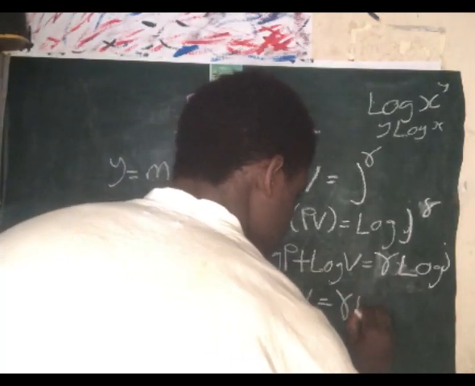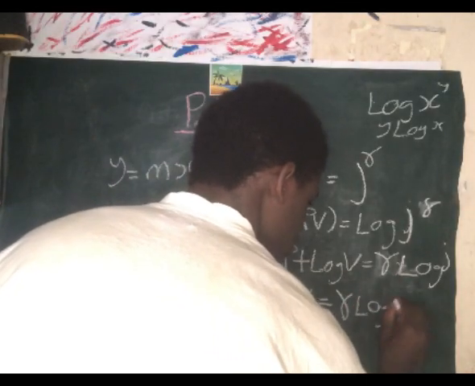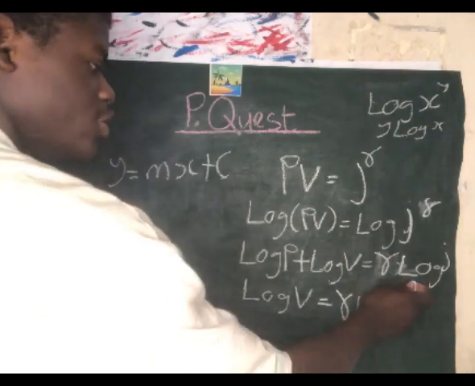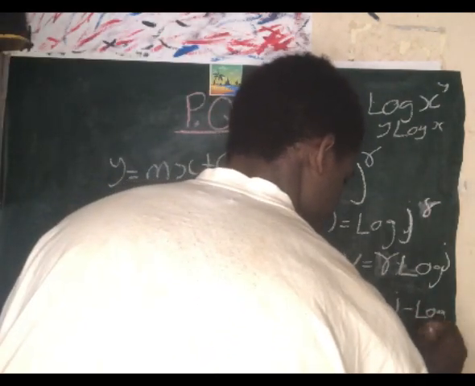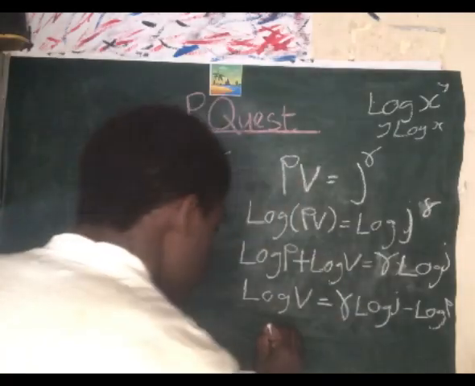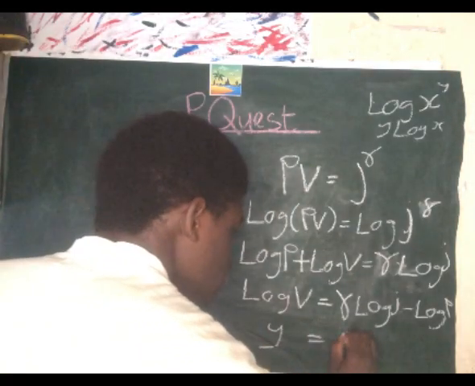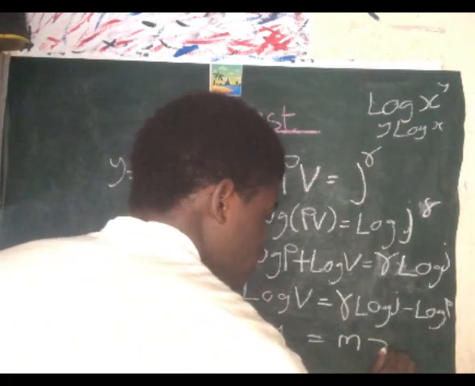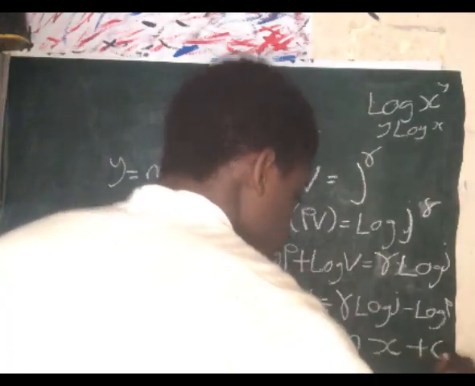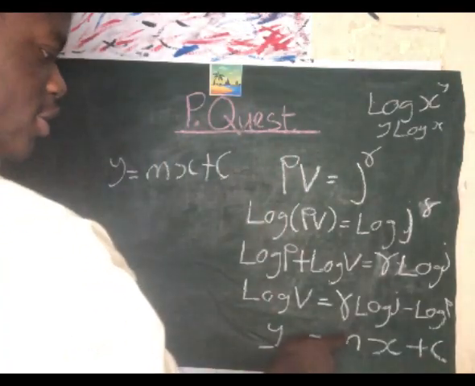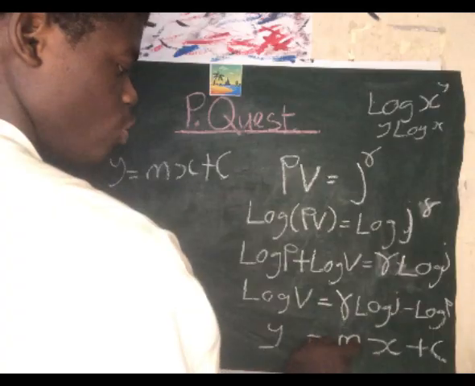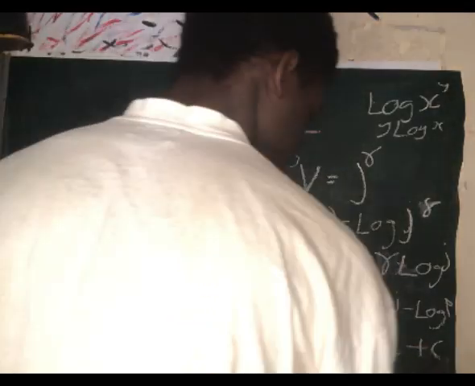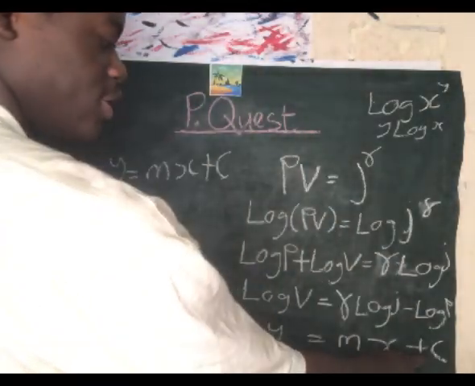Then we rewrite this as log V is equal to gamma log J, then we bring this one to the right hand side. That will be minus log P. And now it resembles the equation of a straight line. So this is our y-axis. This gamma is our slope. Log P is our intercept.